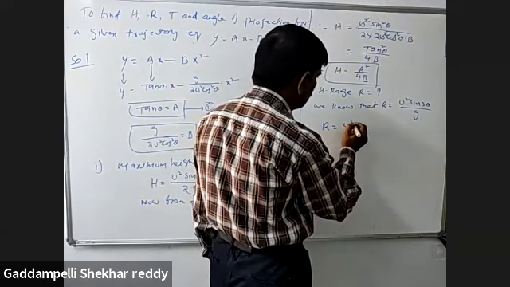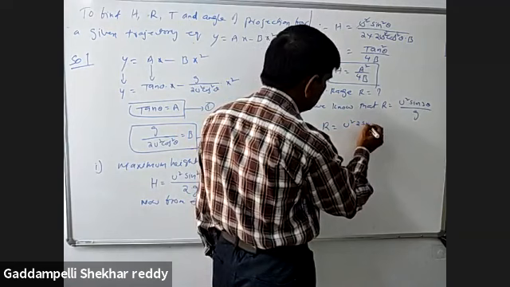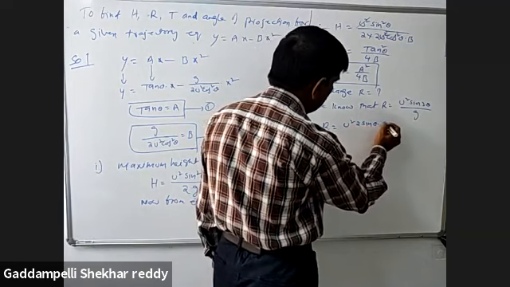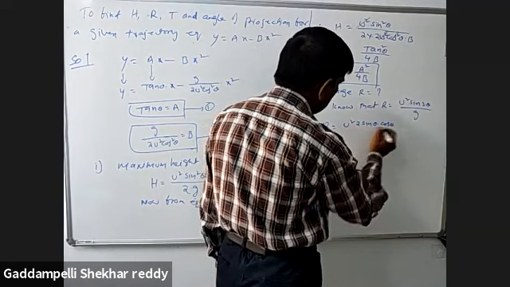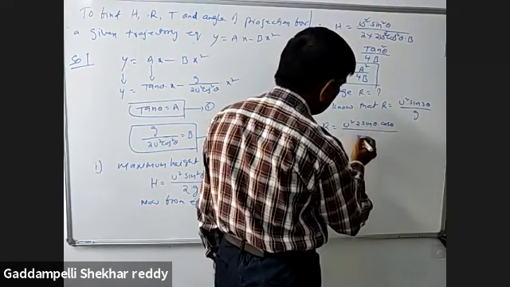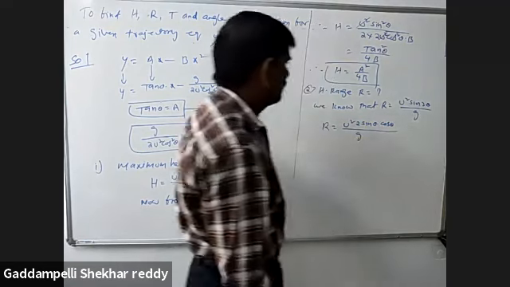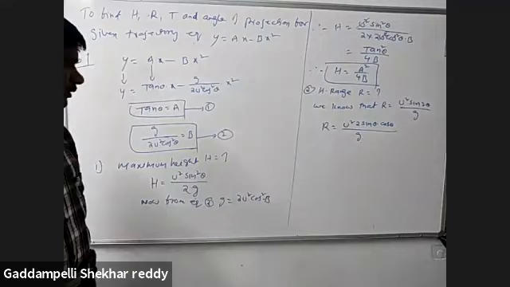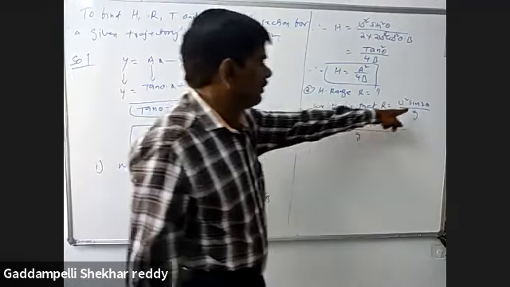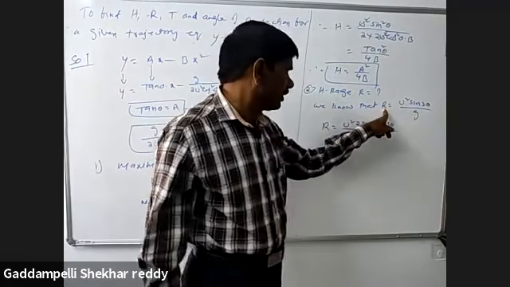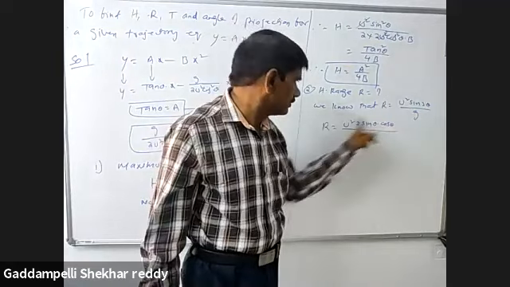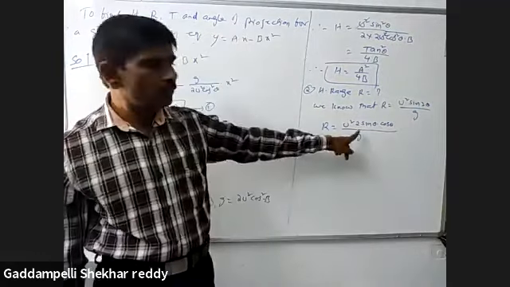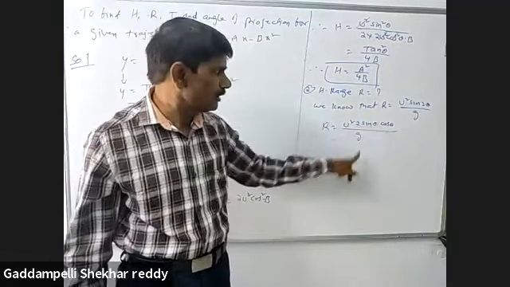So we write R is equal to u square sin 2 theta by g, and after simplification R is equal to u square 2 sin theta cos theta by g.